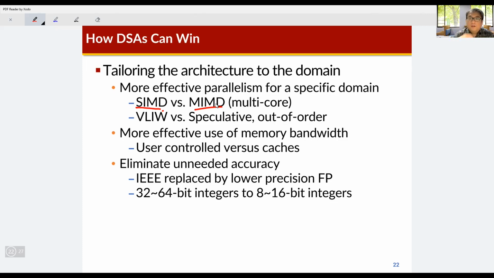Okay. So we can design a specific memory bus or memory hierarchy for the DSAs. For the traditional CPU, we already learned about the memory system, that this memory hierarchy is designed for general execution of instructions.